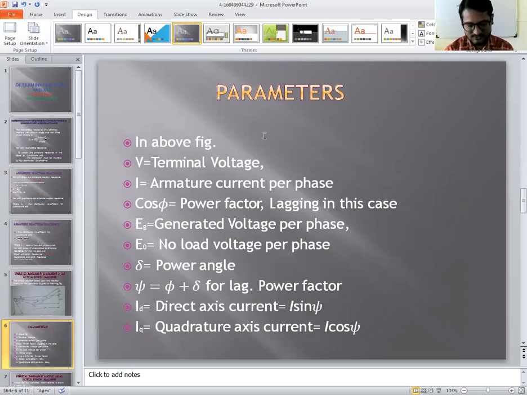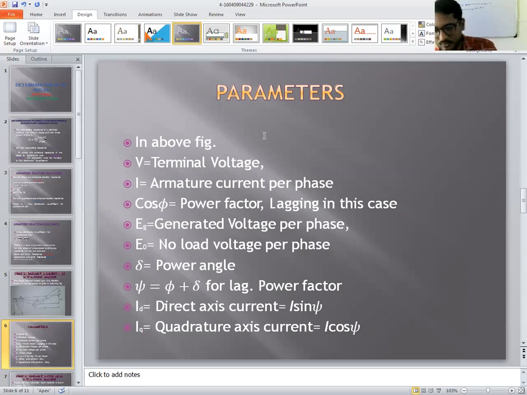The value of L is also the same, that is N phi upon I. As L is minimum, the inductive reactance XL is minimum, hence XQ is minimum and therefore Z is minimum and opposes the current flowing less. Therefore, the current is I max. Therefore, the value of XQ is equal to minimum armature EMF or voltage per phase upon maximum armature current per phase. That is, XQ is equal to E minimum upon I max.